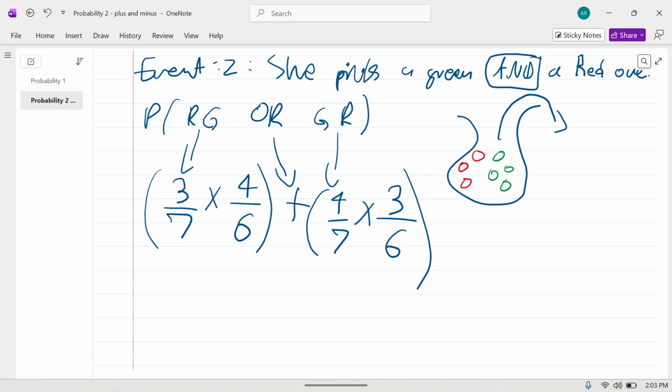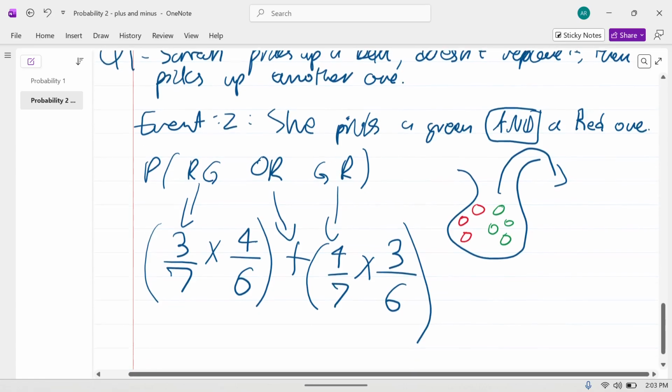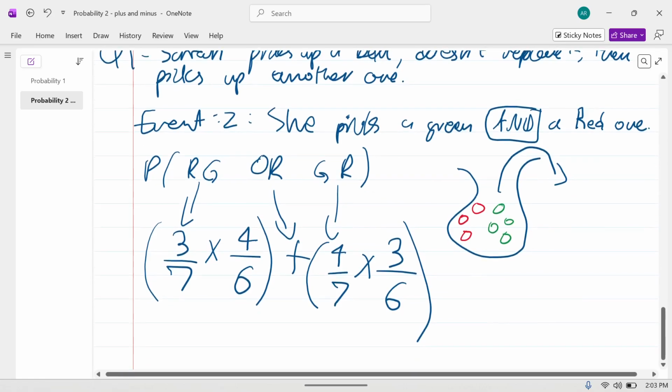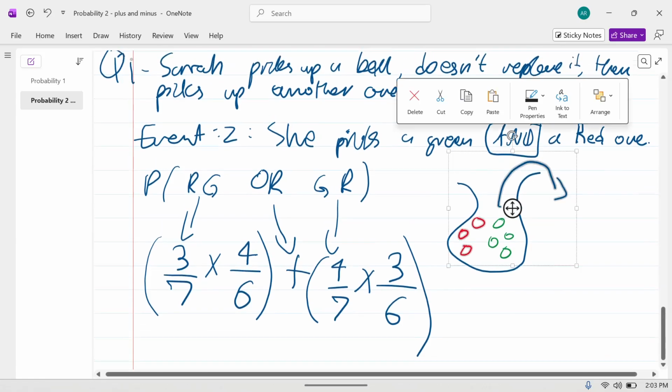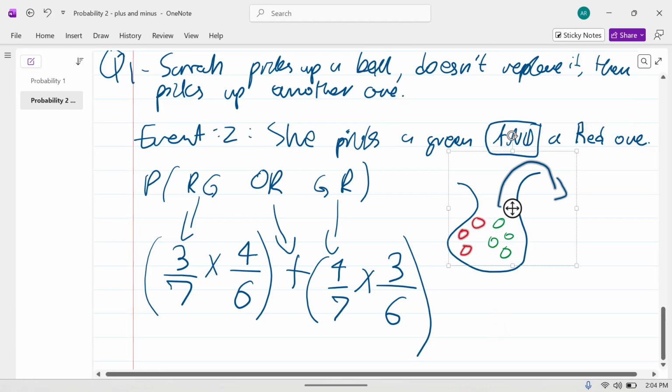This is how you tackle it every time you have more than one condition inside a single event. How do or and and make a difference, and how do you tackle them? And in the cases of and, why does with and without replacement matter?